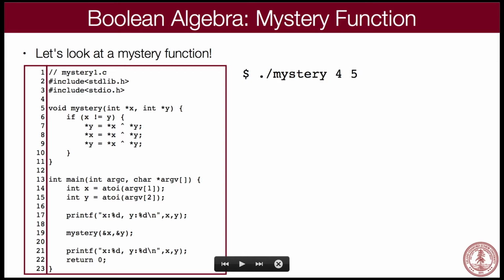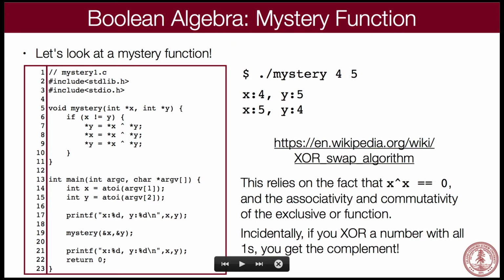As it turns out, this is doing a swap function. It's swapping the values without a temporary variable. So if I had asked you to do a swap function, and I said you can only use the variables that you pass in, you can use no other variables, you might have gone, I don't know how to do that. How do I swap something without doing that? What this relies on, and this is just a neat little trick, by the way, is the fact that x exclusive ORed with itself is 0.